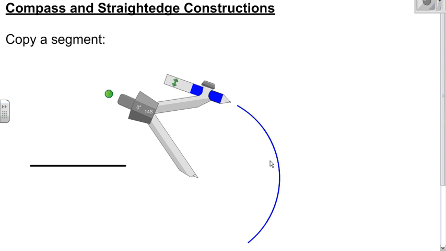So the first thing we're going to do is copy a line segment. In order to do that, we need a starting point for where we are going to copy it to, and that would just be a dot. So we need a starting point.